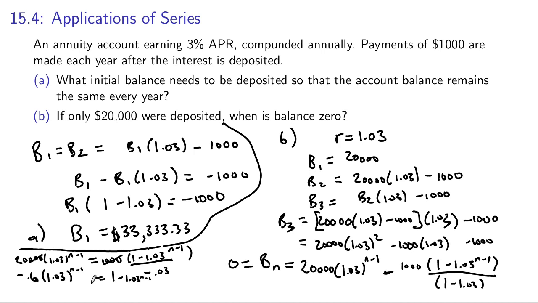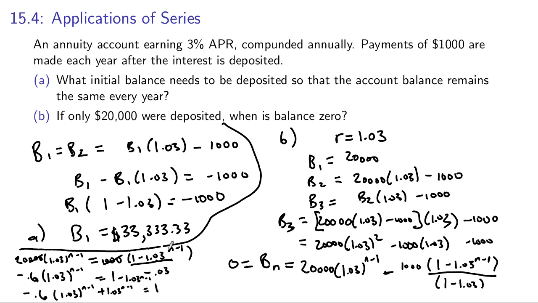Now we can add this negative 1.03 to the n minus 1 to both sides. We'd have minus 0.6 times 1.03 to the n minus 1 plus 1.03 to the n minus 1 equals 1.